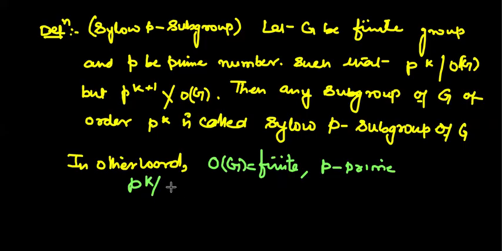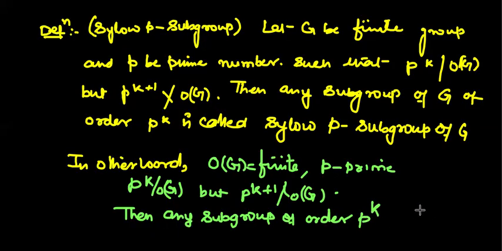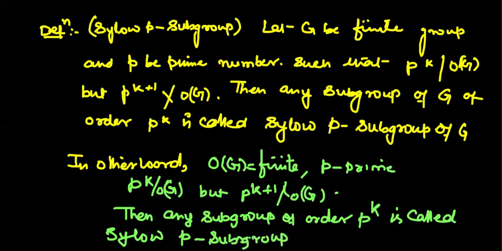Then any subgroup of order p raised to power k is called a Sylow p-subgroup. साइलो पी सब ग्रुप का मतलब क्या है?